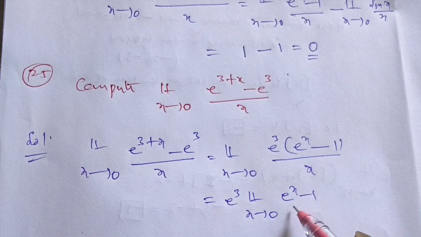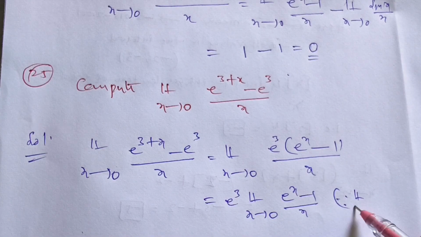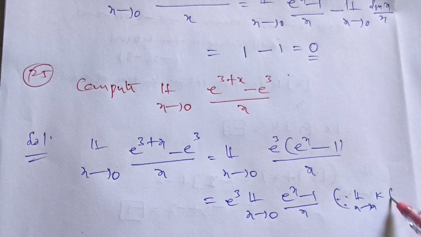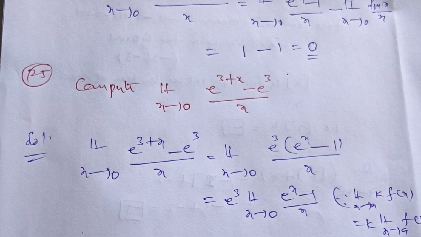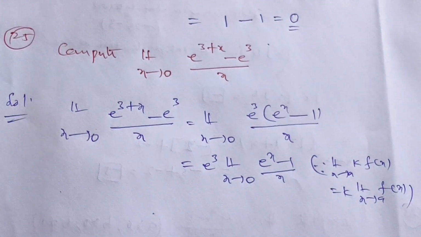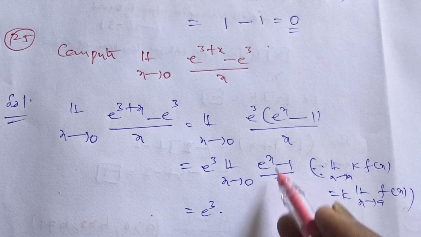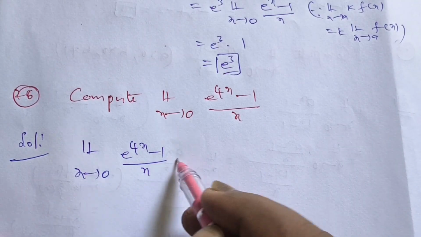Here e power 3 is a constant, taken outside. The limit can be applied only for the x values here: limit x tends to 0, e power x minus 1 by x. Because limit x tends to a, k into f of x, by the constant multiple rule, is k times limit x tends to a, f of x. So e power 3 into the limit value, which is 1, is equal to e power 3.